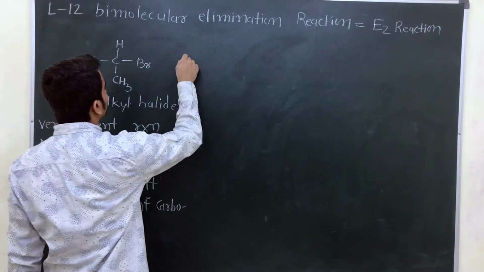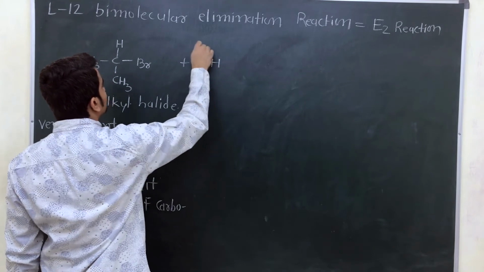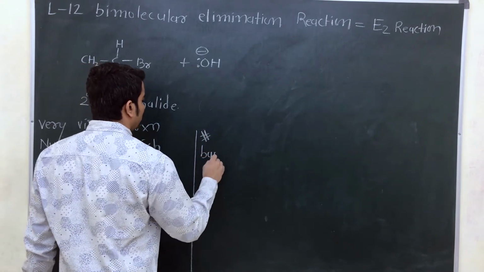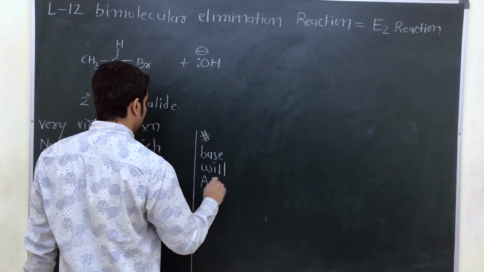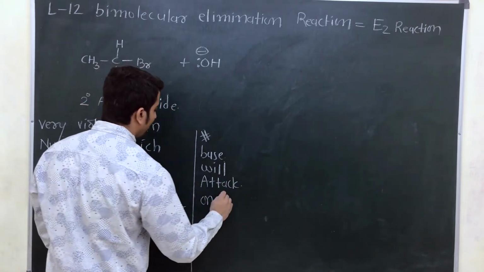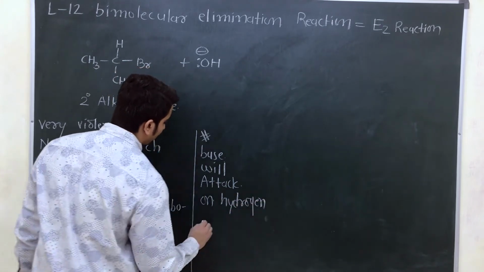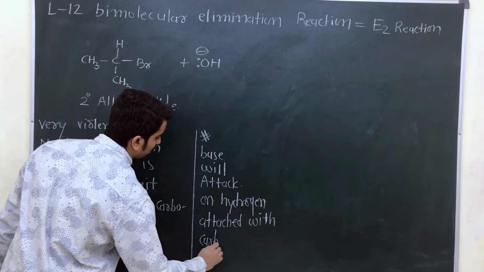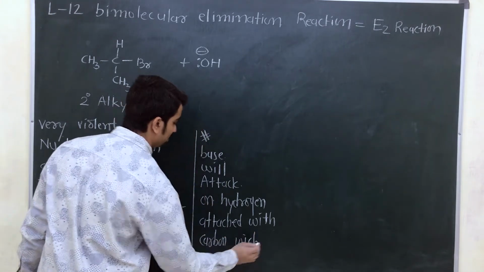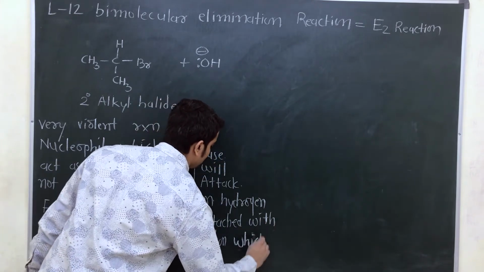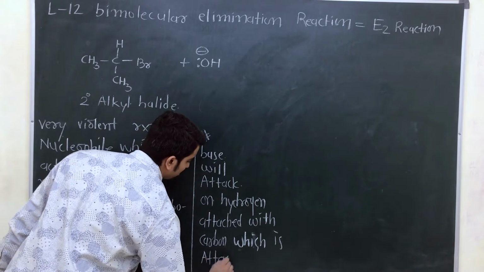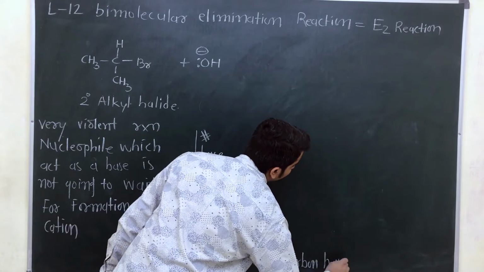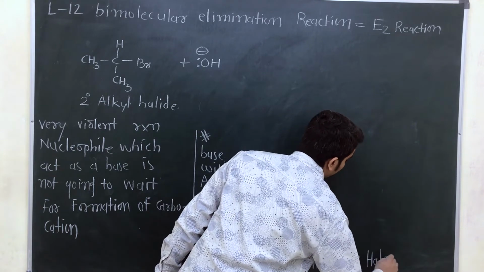What will happen? Here this is a base. One more thing that you have to remember, the base will attack a hydrogen attached to the carbon which is attached to the carbon bearing the halogen.